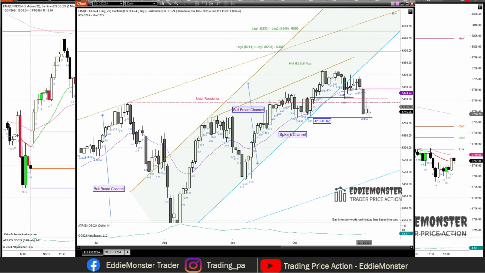And then the Friday bar was a bar that we were looking for, testing the 5800 point. We recommended that in the group. And then we expect to have sellers in that micro gap. So that happened.